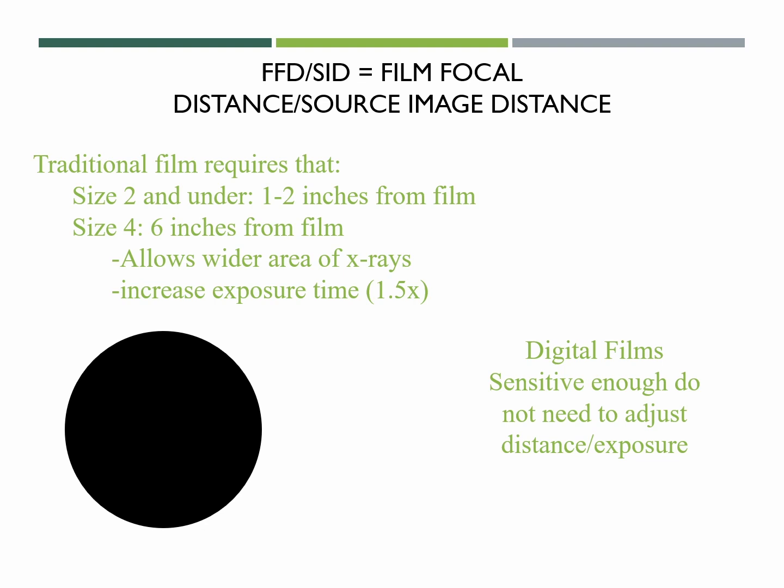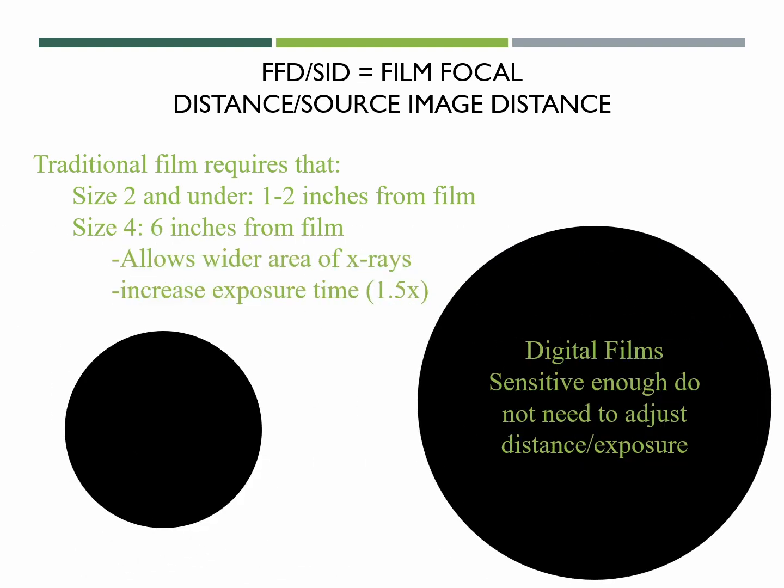You don't have to get a ruler out, but you want to be aware that you're going to pull that back further. What that does is it makes that cone, that little focus circle bigger, and it allows a wider area of x-rays. And then typically you're going to increase the exposure time 1.5 times. We don't tend to do that because, again, with digital, we have a lot of latitude for our x-rays. Digital film is sensitive enough to not need to adjust that distance exposure. So you can see it gets bigger as you move away.